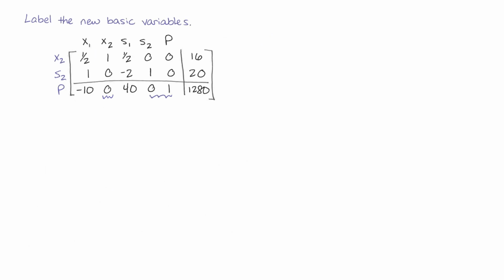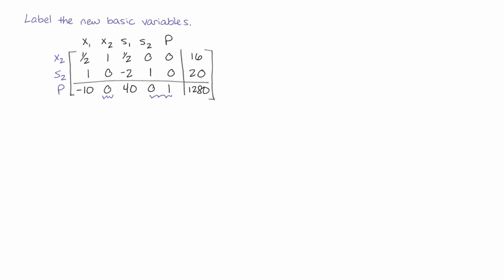So let's label our basic variables. In the x1 column, we have 3 non-zero elements, so that does not qualify. The x2 column, however, is now in the form 1, 0, 0. So that is the format of a basic variable. And because the 1 is in the first row, x2 represents row 1.